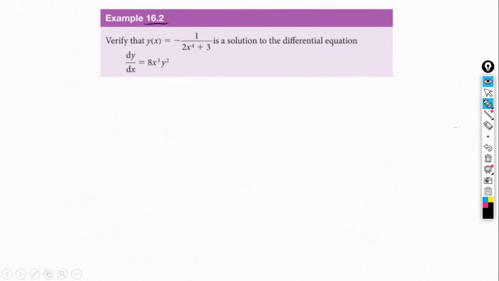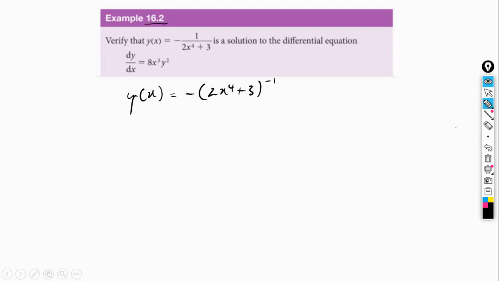And it says, verify that y of x is equal to negative 1 over 2x to the 4 plus 3 is a solution to the differential equation, derivative of y is equal to 8x cubed y squared. So first of all, notice that we can rewrite y of x as being equal to minus 2x to the 4 plus 3 to the power of negative 1.